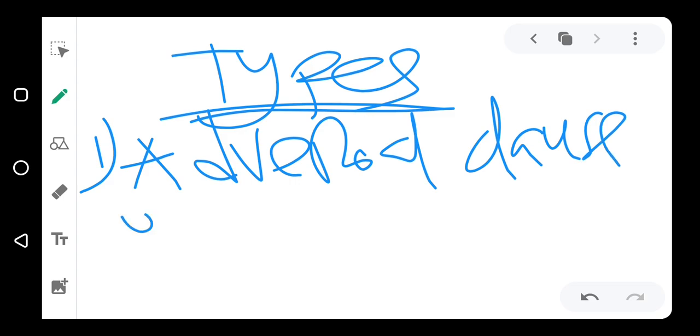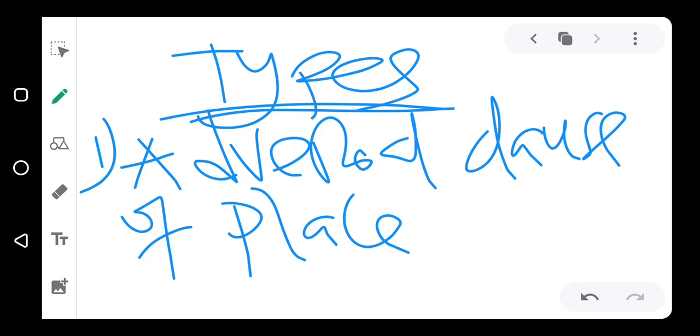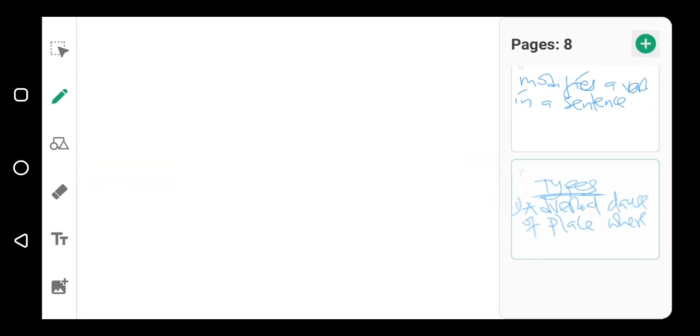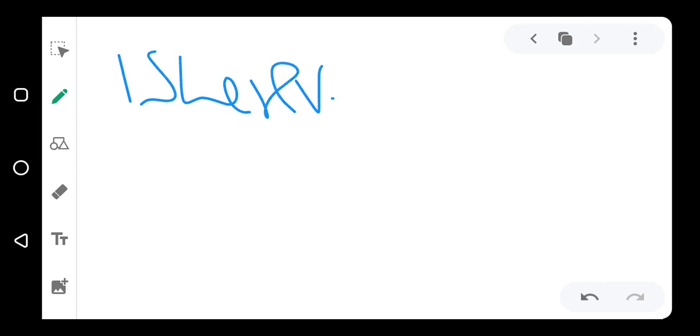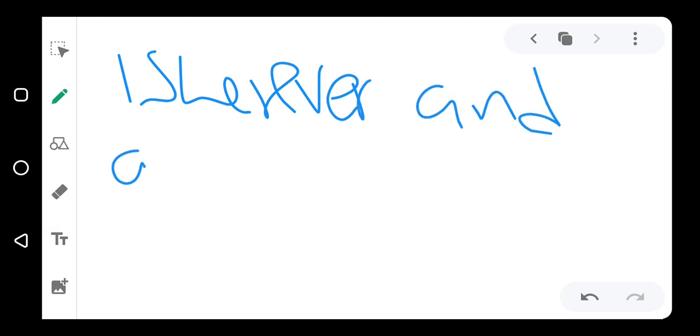And this adverbial clause of place is identified with the markers where, wherever, and anywhere.